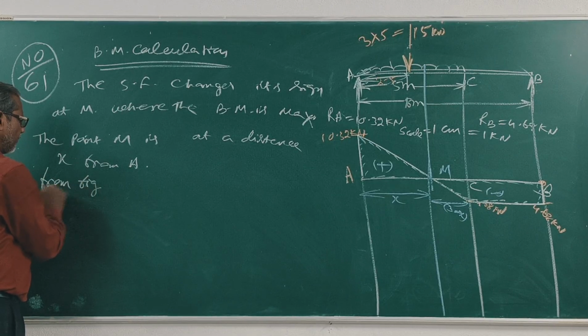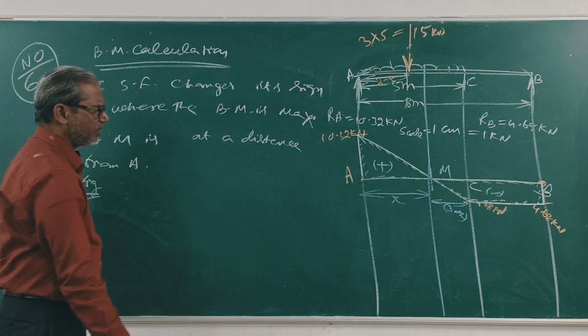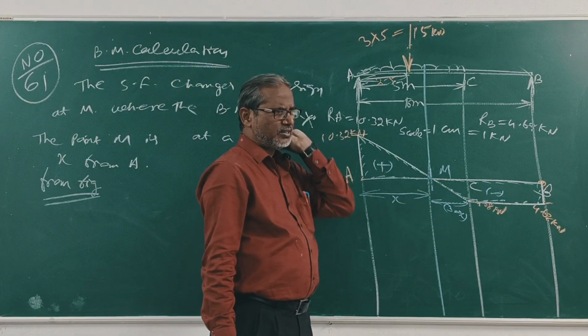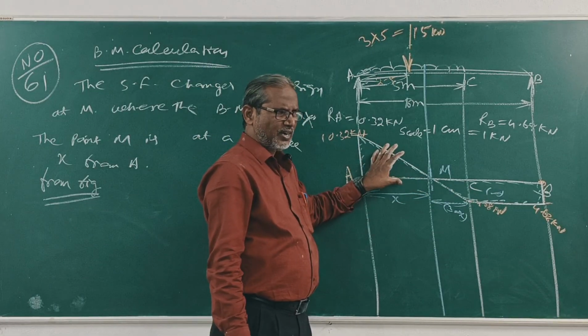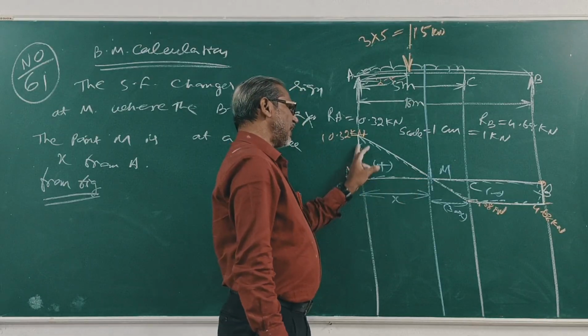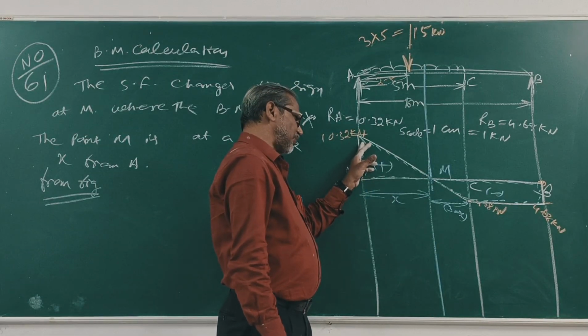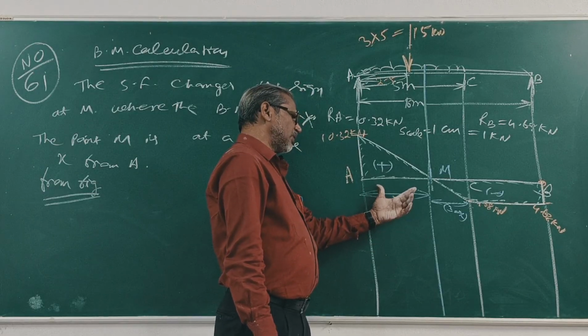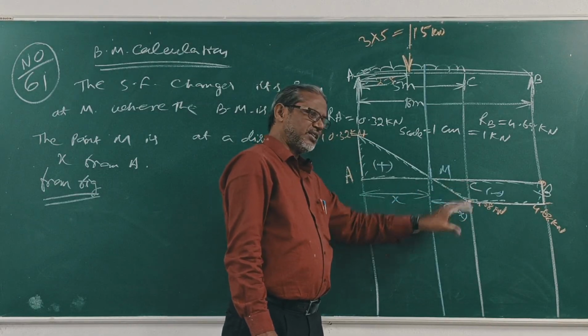From this figure, these two triangles are similar triangles. So comparing this triangle, A dash M and C dash M.